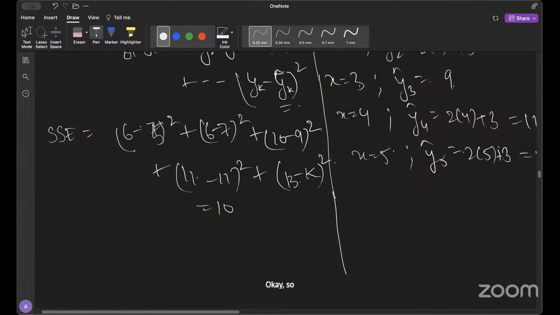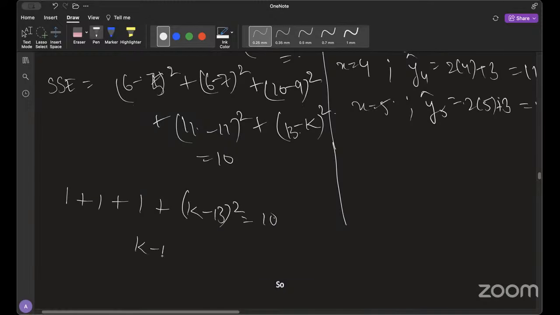So this thing becomes 6 minus 5 is 1, so this is 1, this is 1, this is also 1, this is 0, and this is k minus 13 squared equals 10. So this becomes k minus 13 squared equals 7.